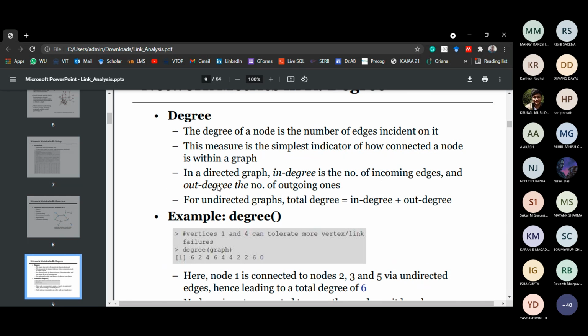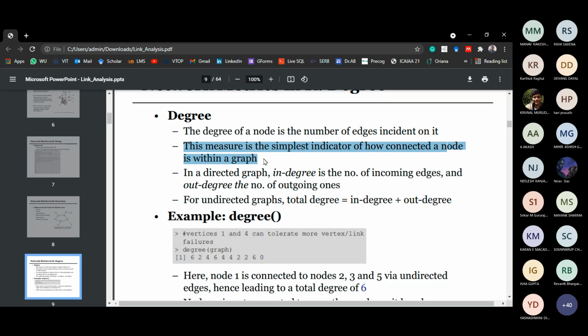How to find out the degree? Degree is nothing but the total number of connections a node, a user, has in the given network. It is a very simple measure based on how well a node is connected with other nodes in the given network.